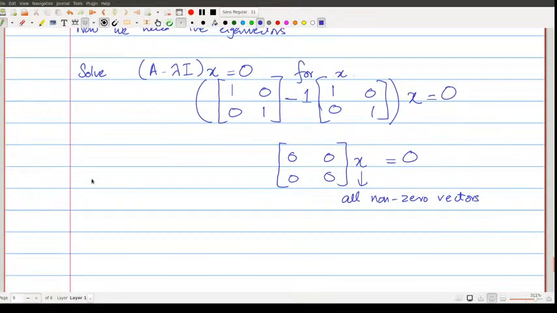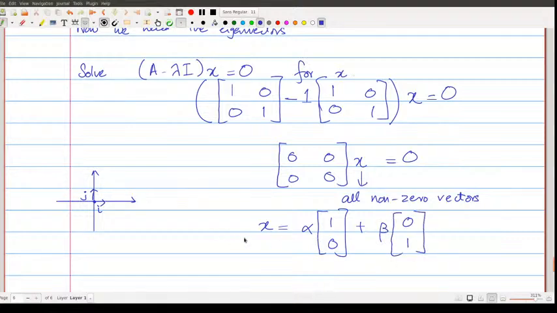For example, in a two-dimensional space, we can take the i vector and the j vector, and they can write down my whole space. So I can say that x equals alpha times 1, 0 plus beta times 0, 1. So I've written all these vectors using these, so these are all the eigenvectors.